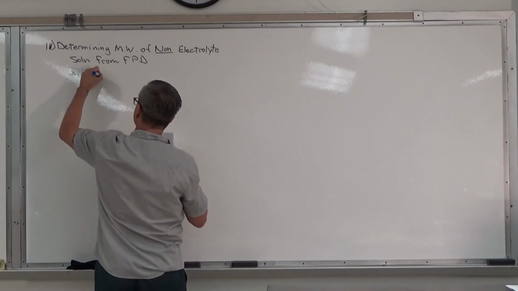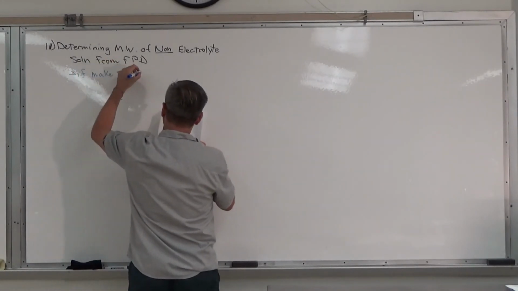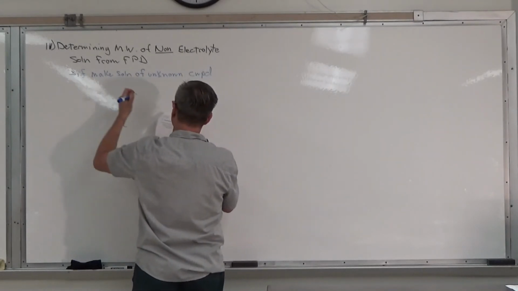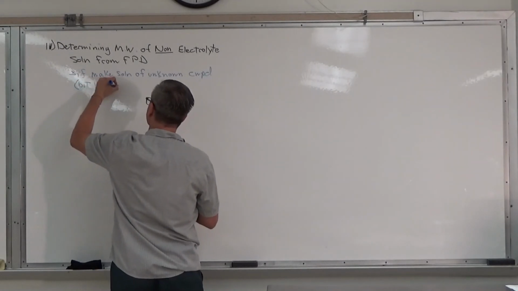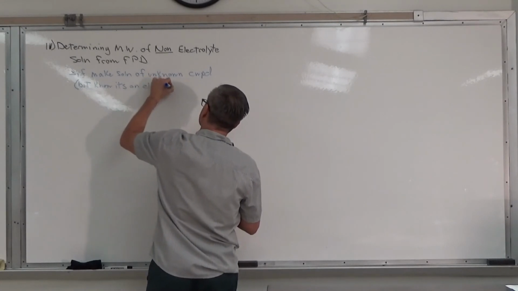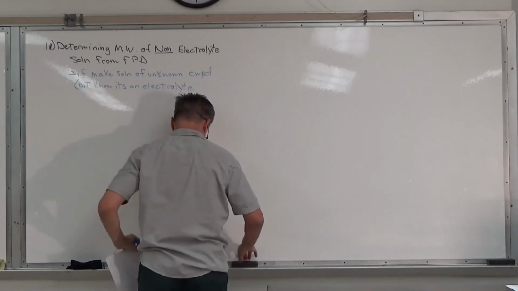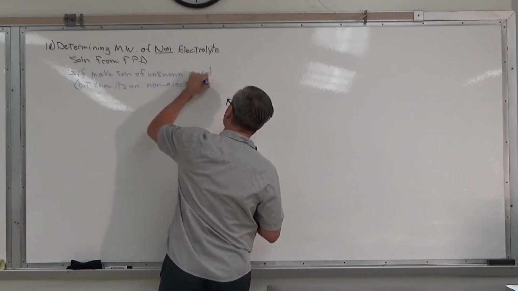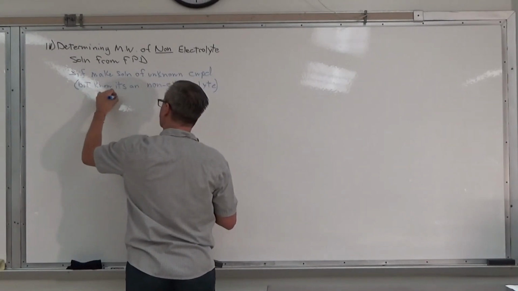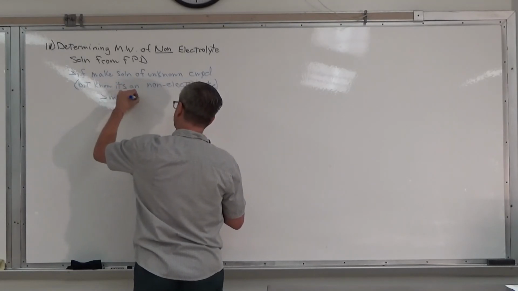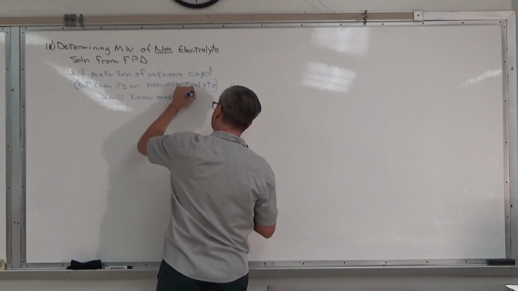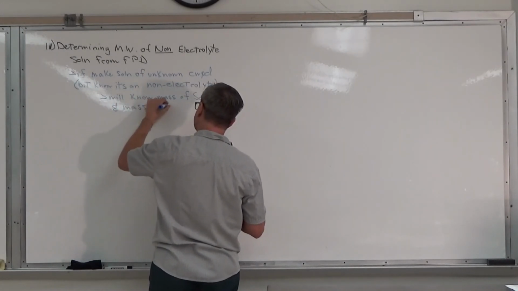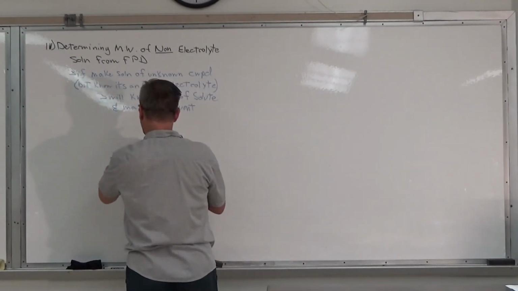If we make a solution of an unknown compound, but we know it's a non-electrolyte, we will know the mass of solute and the mass of solvent, water in this case.